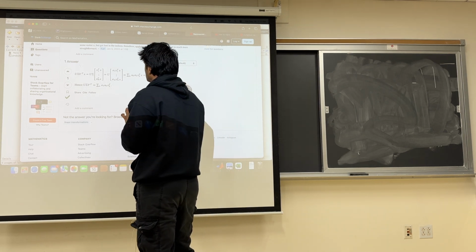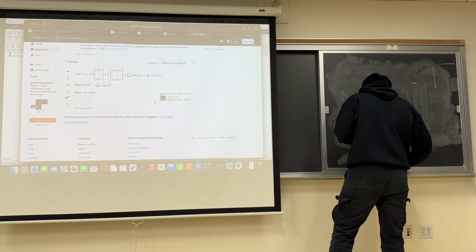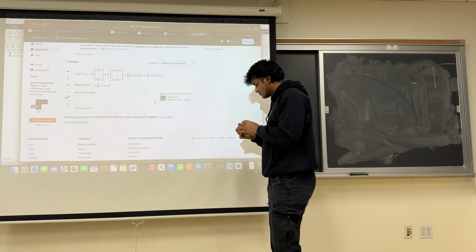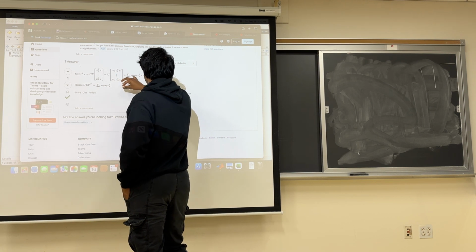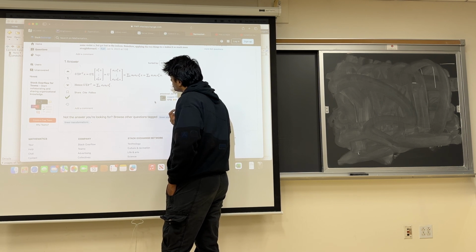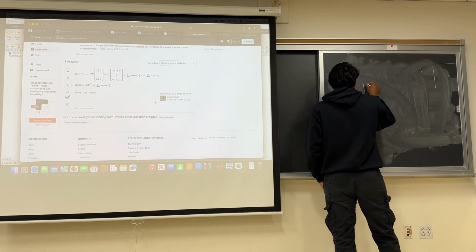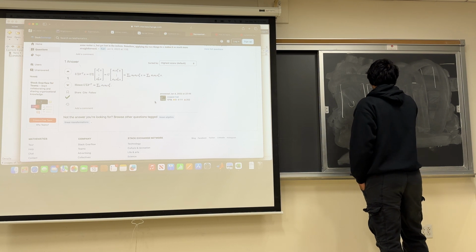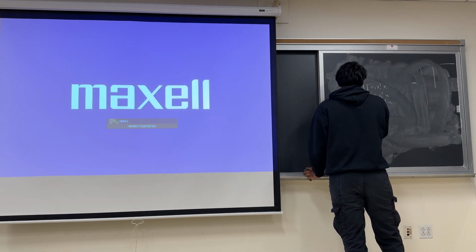U times u_k, v_k transpose. Okay, let me write it. Maybe I do not understand it very much. U times this: sigma_1 v_1 transpose x, sigma_2 v_2 transpose x, sigma_3 v_3 transpose x, and U here is u_1, u_2, u_3. Okay.